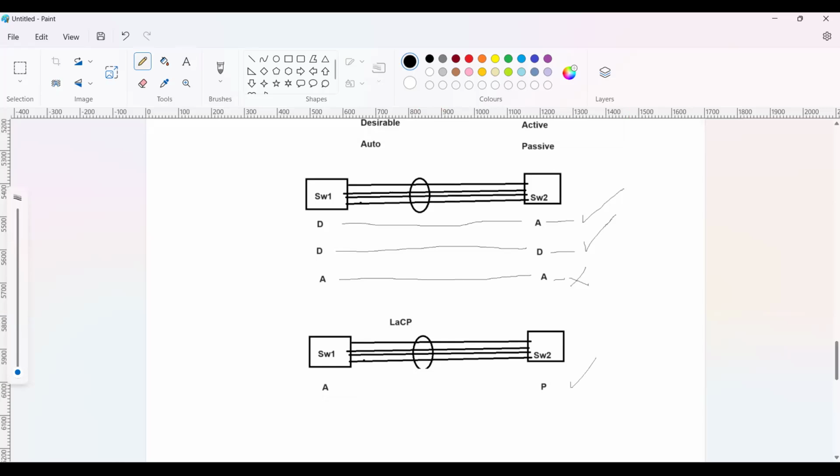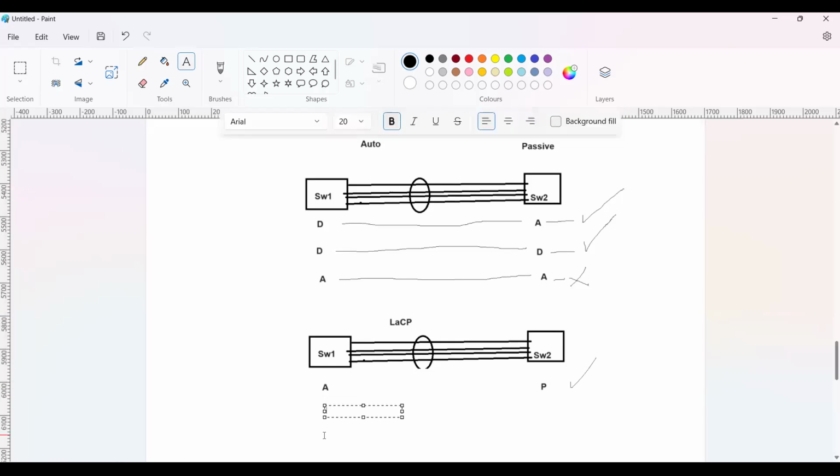If you are using passive here and passive here, then the EtherChannel will not be formed.